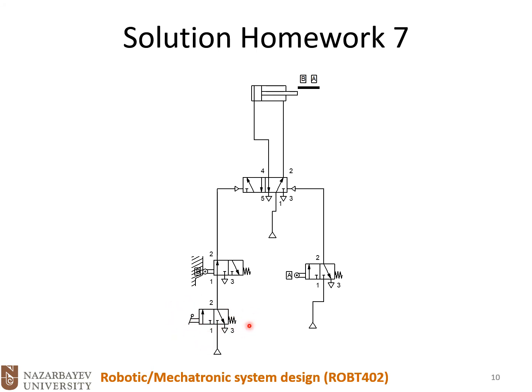Okay, so once you activate this valve, this pathway will be open, and then this automatic movement will happen. Okay, and if you want to stop it, you just release this start button.